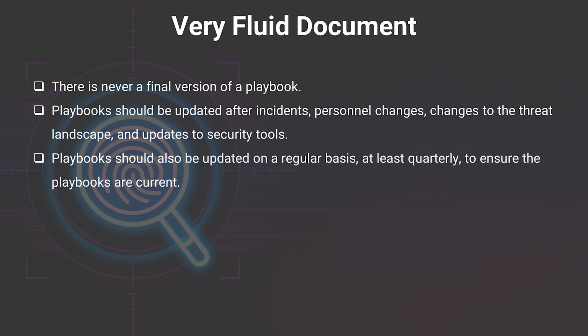Playbooks should also be updated on a regular basis. I would recommend at least quarterly, just to make sure that they're current and that you're not missing any incidents that might have happened but failed to be included in your initial documentation. The point is, once you start the incident response playbook, keep it updated and keep working at it, and remember to include as many incidents as you can.